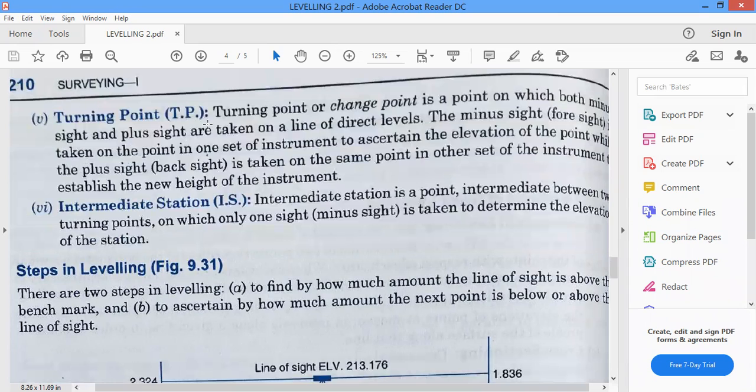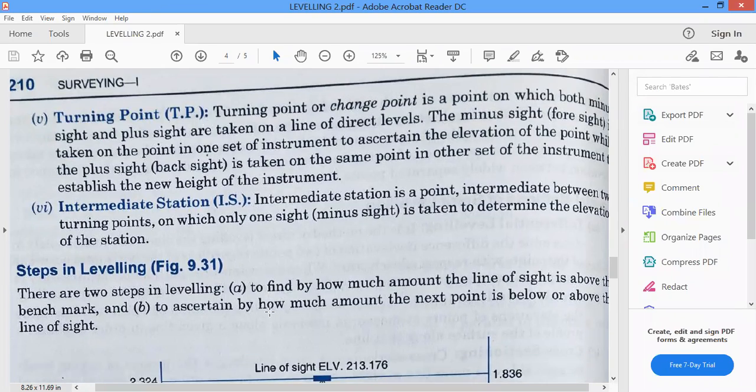Next, turning point, or you can also call it change point. Whenever you are performing leveling in larger areas, from a single instrument station you cannot cover all the points. In that case, you have to shift your instrument.